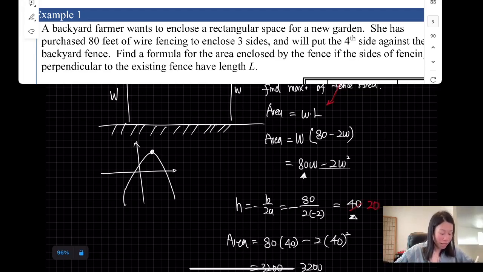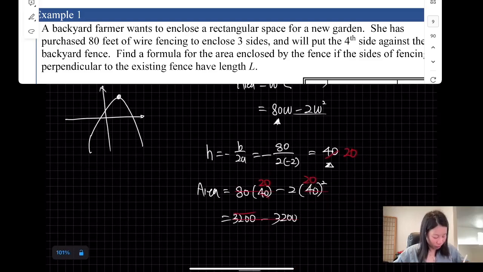The width here equals 20, because 80 divided by 4 is equal to 20. So that means I need to substitute 20 into the function. I got 1,600 minus 800, which gives you 800. So the maximum area should be 800 square feet.